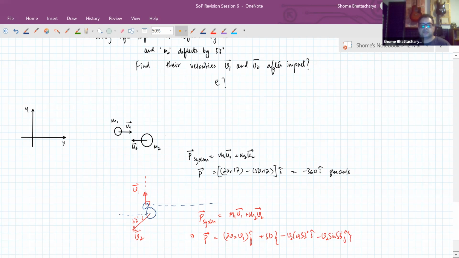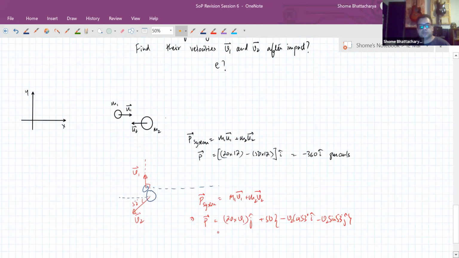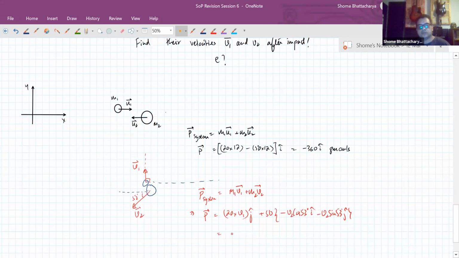Okay. So the total momentum of the system will become minus of, now cos 53 is 3 by 5, so minus 30 v2 i cap plus 20 v1 minus 40 v2 j cap, in gram centimeters per second.